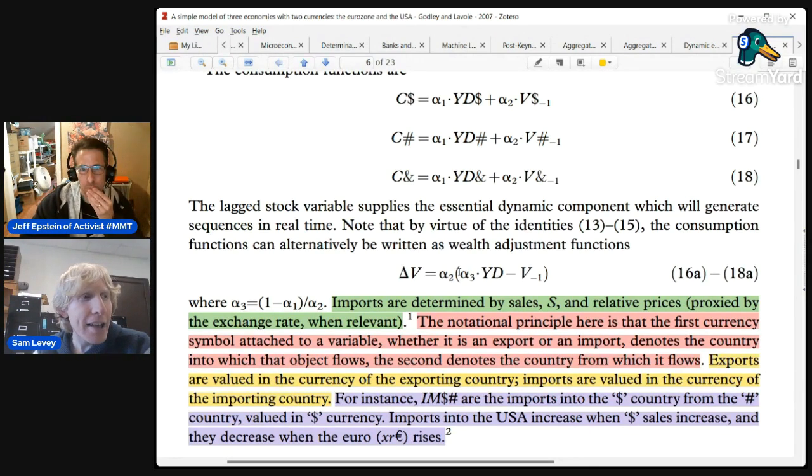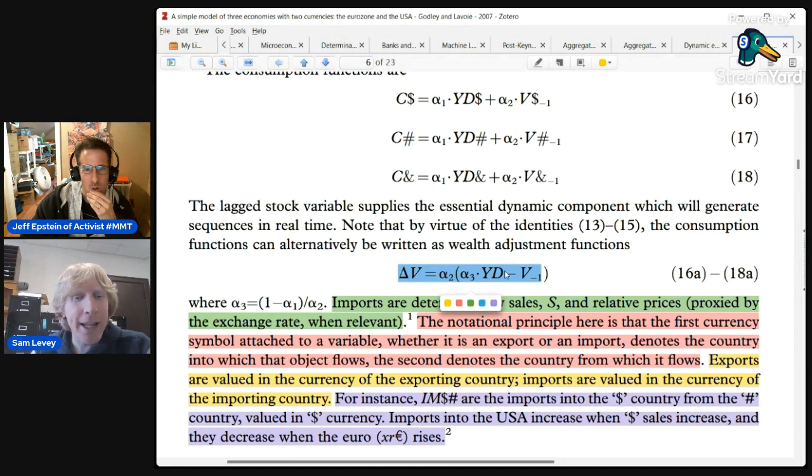The neoclassical critique is that this is way too simple. We have to take account of all the other things people do, and they learn and they optimize, and there's all this stuff about rational expectations, and they form expectations about the future. I feel like people do some of those things, but a lot of people don't do any of that, and a lot of people behave more like this.